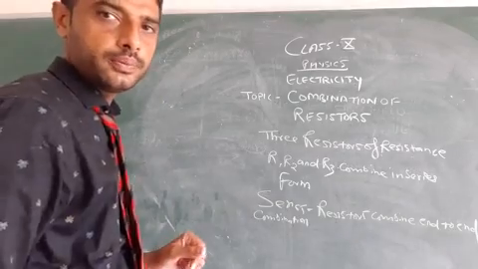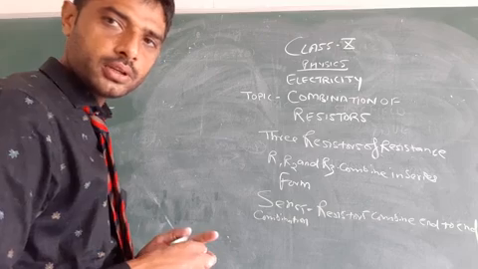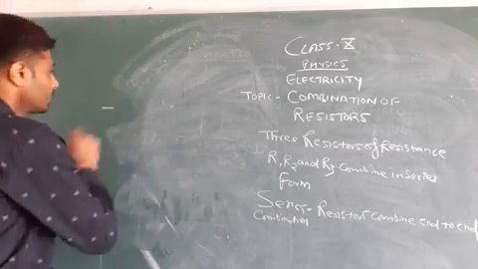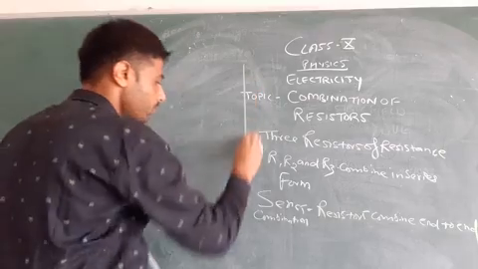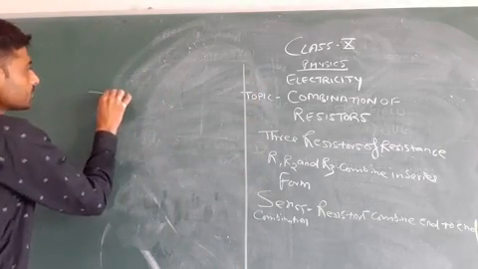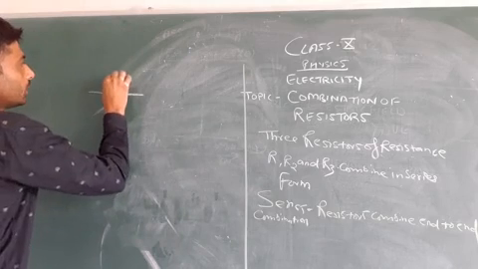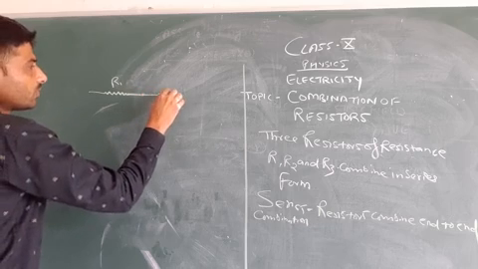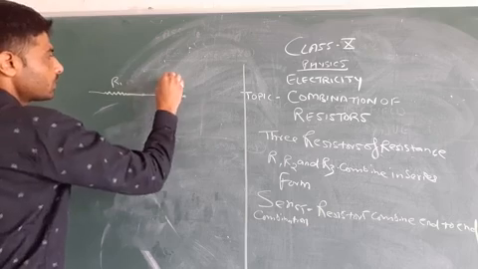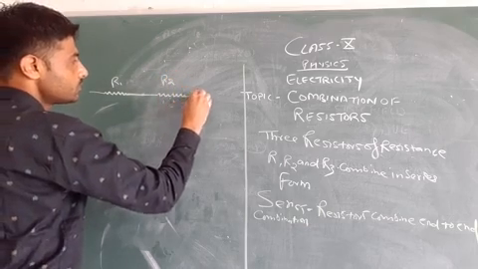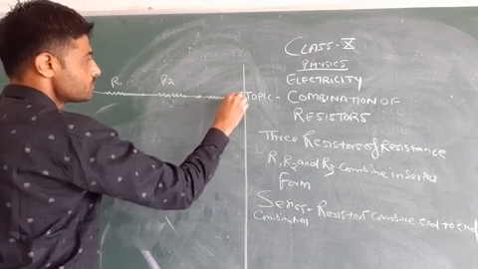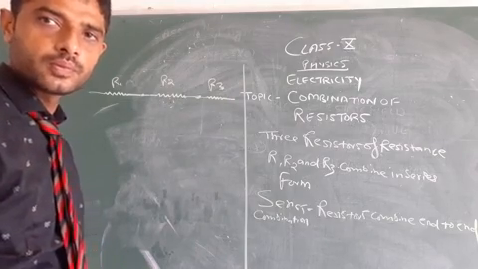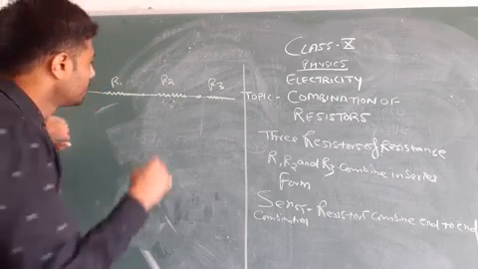We have 3 resistors. I am going to find a derivation for the equivalent resistance. So let 3 resistors be R1, R2 and this is R3. They combine in series form.